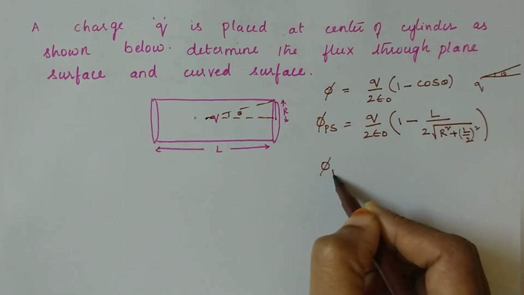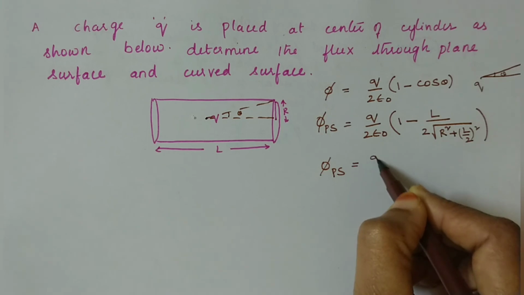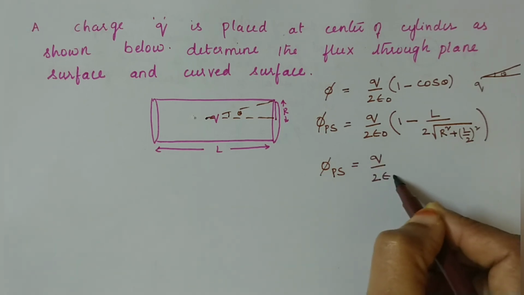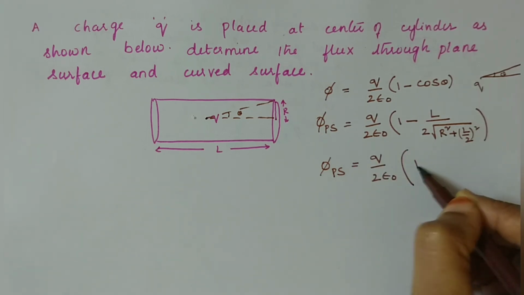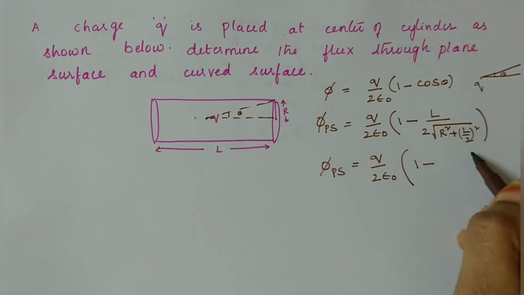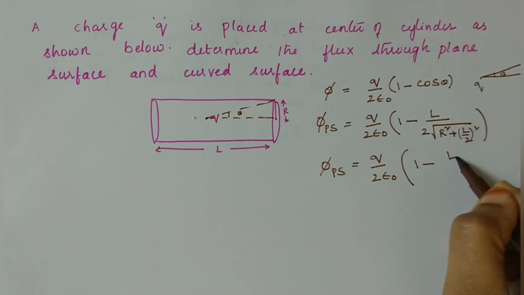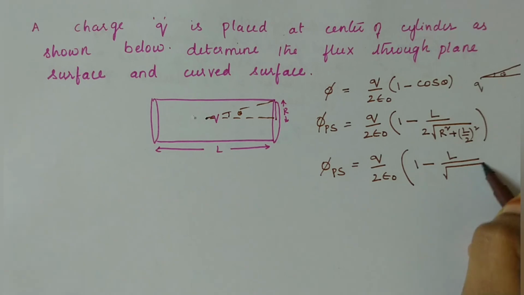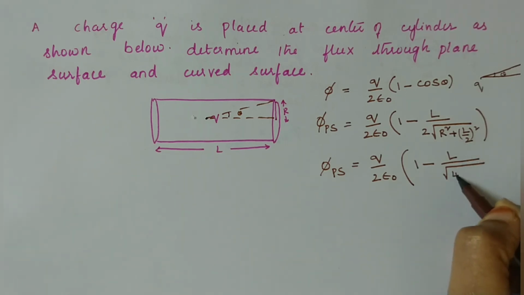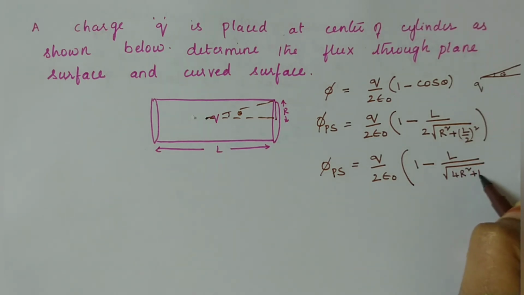So flux through plane surface is q by 2 epsilon naught into 1 minus, take LCM and simplify this relation, it is L by under root 4 r square plus L square.